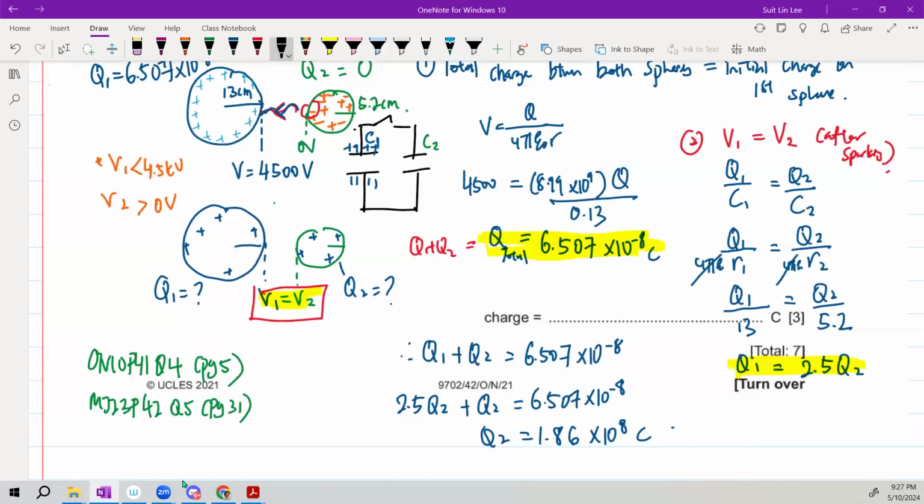The switch is open. Then for this one, your C1 and C2 has closed. So they will redistribute the charge. Maybe something like this. C1, C2. So in place of a capacitor, we are basically putting a metal sphere, which to be honest can be treated as a capacitor, two capacitors in series.